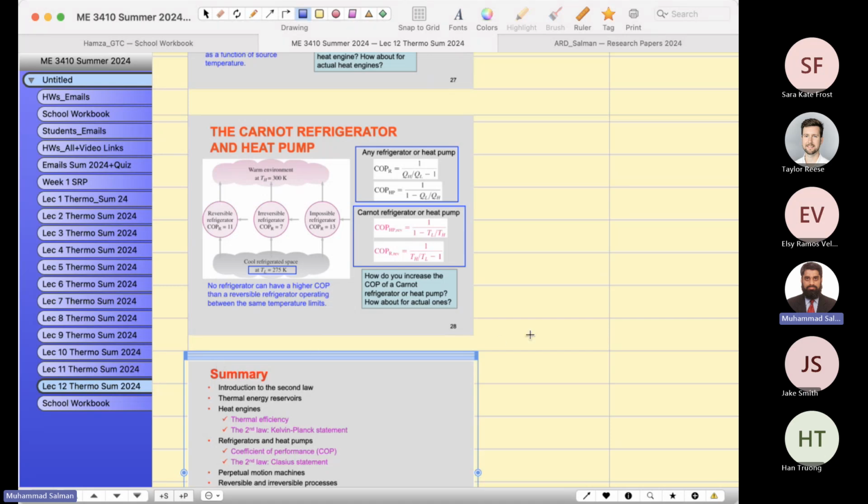I want to solve a few problems before I go to the next chapter. So let's solve one problem.